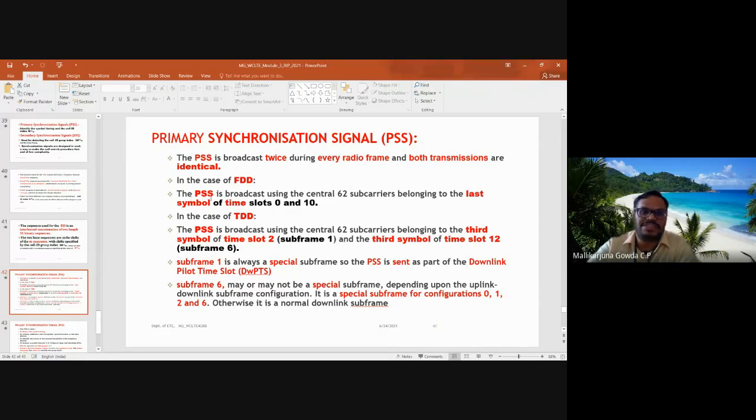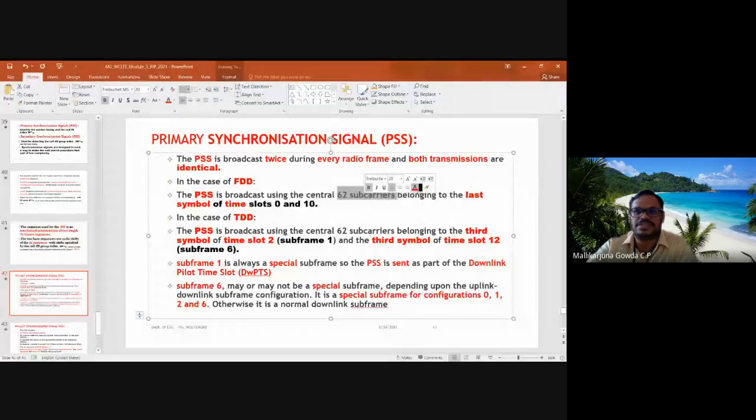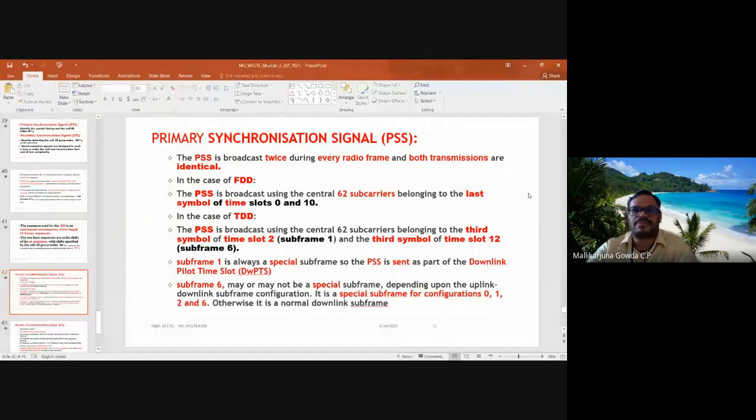The PSS is broadcast using the central 62 subcarriers. What I wanted to say is, if I take the bandwidth of 1.4 megahertz with 10% guard band, you just calculate what remaining bandwidth is available and how many subcarriers you can get.